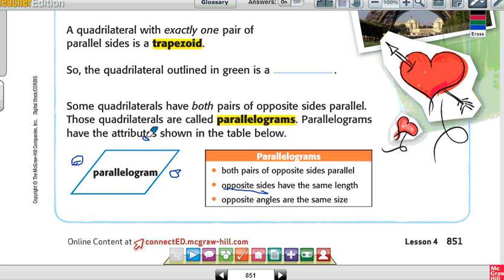The top and the bottom have the same length. Okay, and then it says opposite angles are the same size. What that means is this angle right here has the same size as the opposite angle on the other side. And this angle here has the same size as this angle. That's all that means.